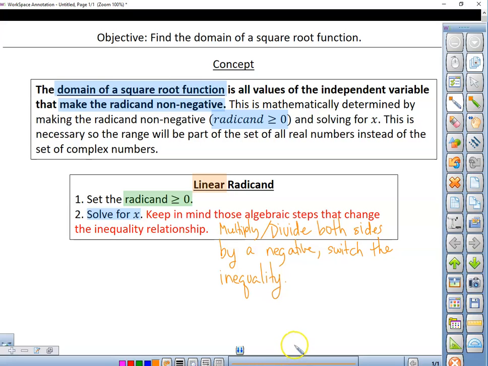And you can also check yourself once you've done your domain by plugging in values that represent your inequality to make sure that you don't get any i situations, no square roots of negatives.